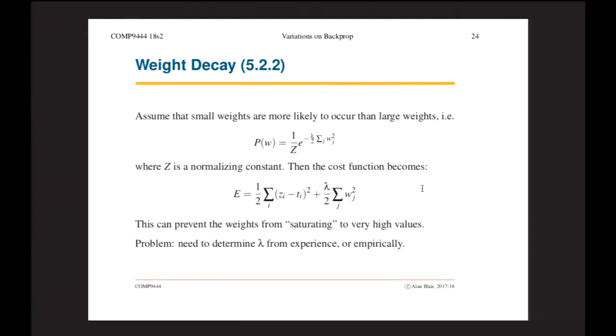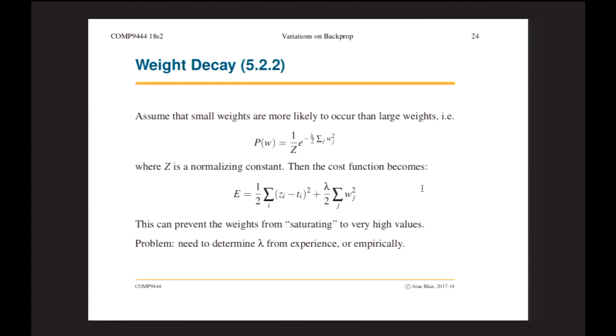But here what we're saying is, it's not about the number of weights, it's the size of the weights. If the weights are smaller, we consider that to be a simpler model in some sense. So if we can achieve the same error with smaller weights, then that's better. That's the logic behind this, I guess.